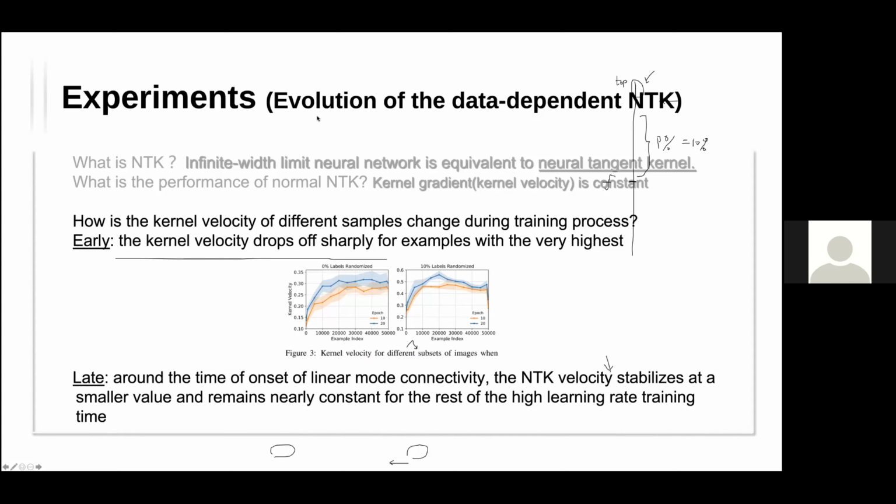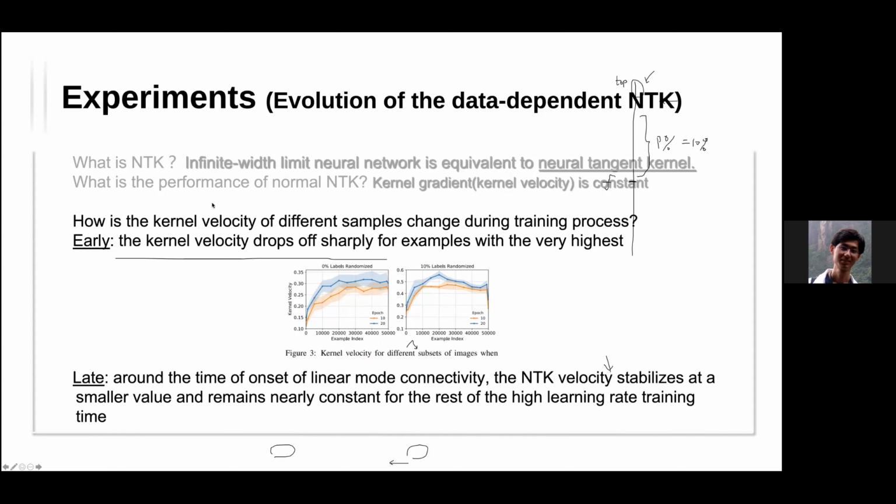For example, you have a fully connected network with a hidden layer, and if the neurons of the hidden layer become infinite width, then the performance of the neural network is equivalent to a kernel, and they call it the neural tangent kernel.